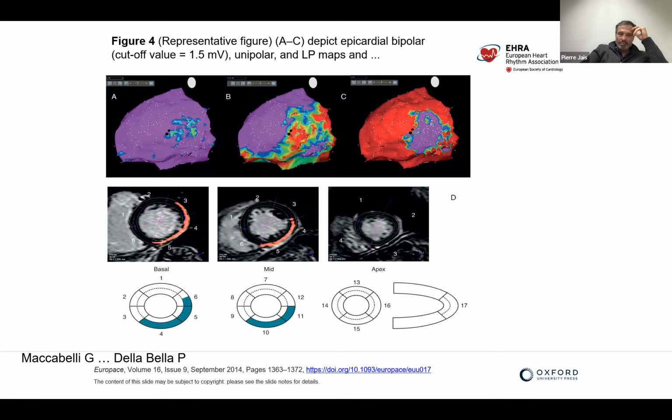I came in late, sorry about that, but it's a very nice presentation you gave, and I love the registration strategy that you have. This is a very interesting case where you had some substrate epicardially, but we know that in those non-ischemic conditions, it's not rare to have some intramyocardial substrate.